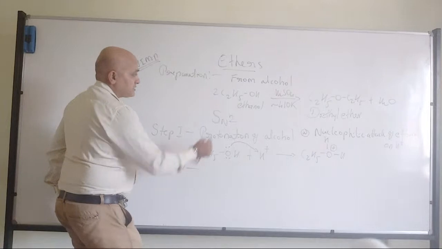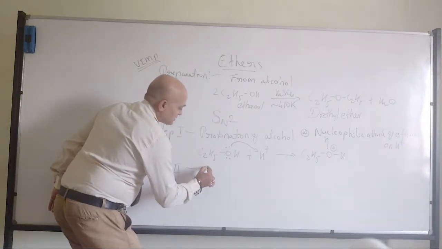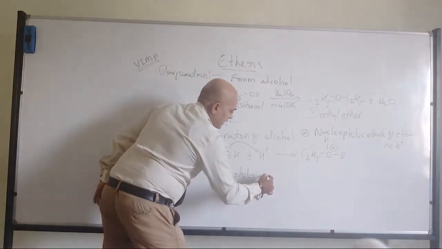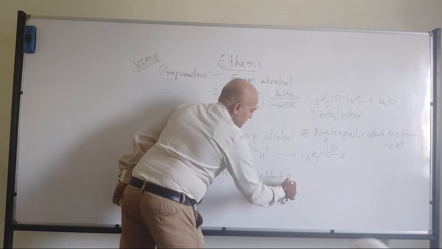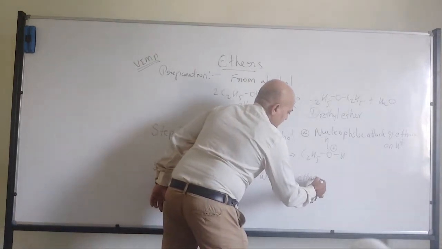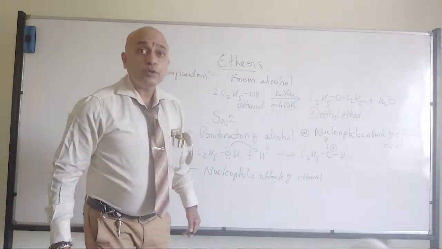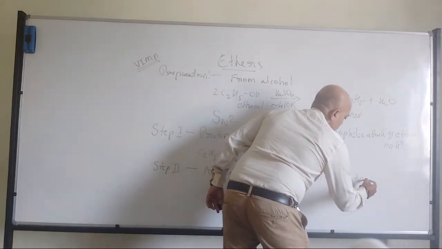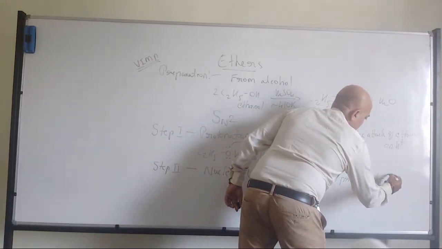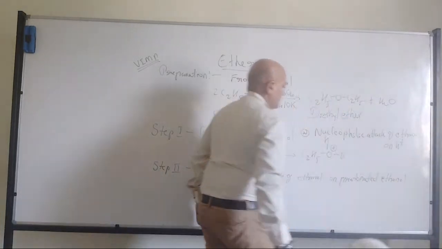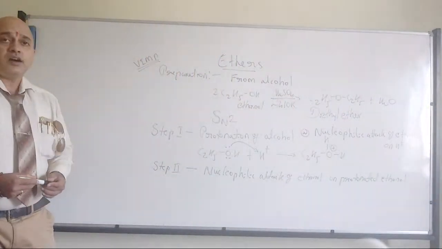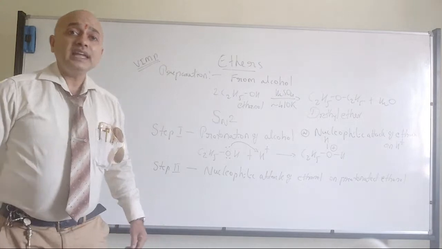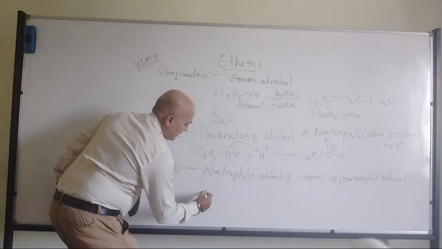Step 2 will be, since 2 molecules of ethanol are there, nucleophilic attack of ethanol on protonated ethanol or alcohol. Nucleophilic attack of ethanol on protonated ethanol, because 2 molecules of ethanol are involved in the reaction.